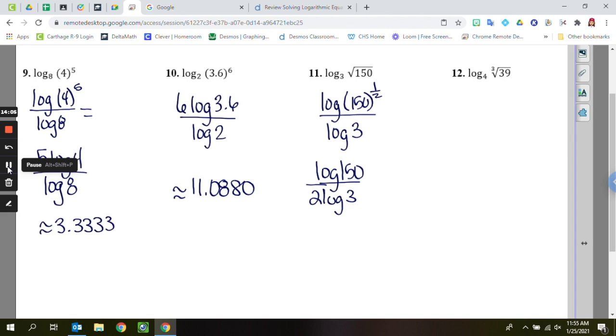It's very easy with all the numbers to type in something off. So we get 0.5191. Good? No? I got 1.404. I got 2.